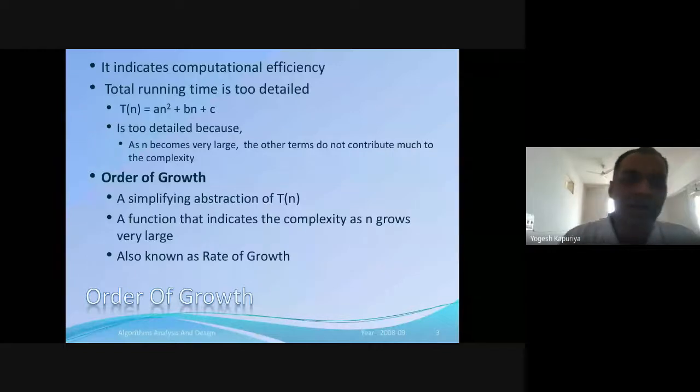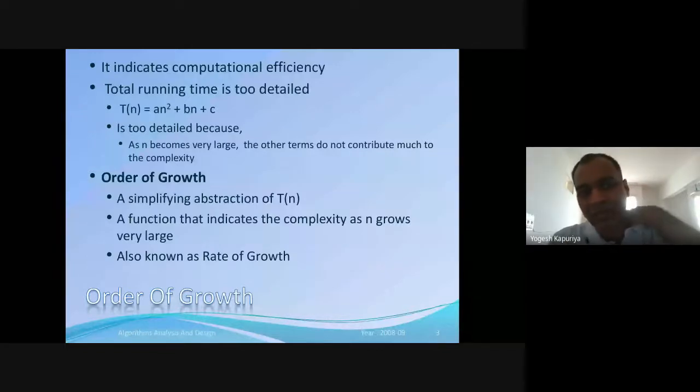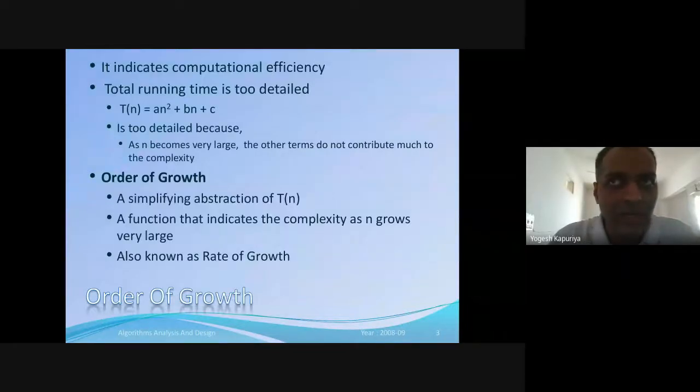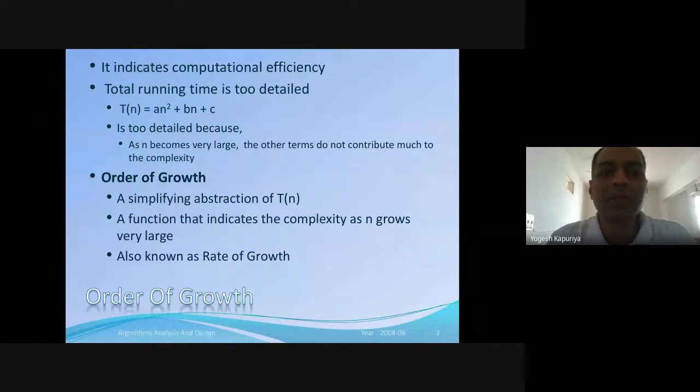So now let us discuss more on that. When you start the asymptotic analysis of any algorithm, the first step required is to compute the step count. We know how to compute the step count.